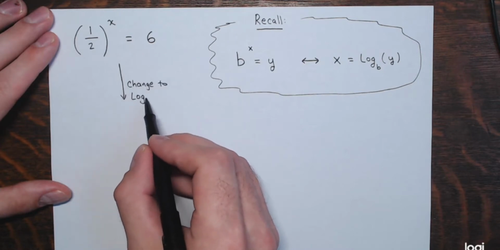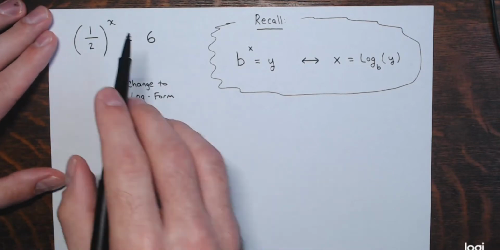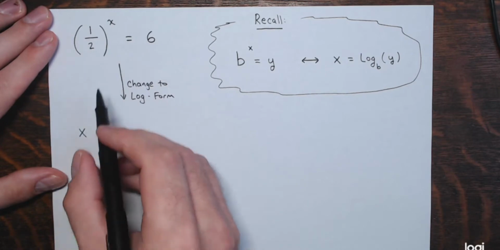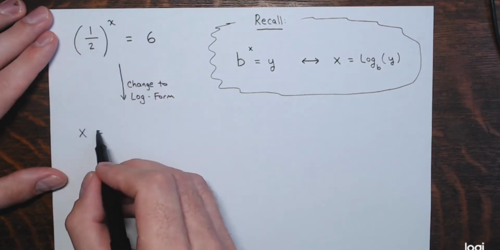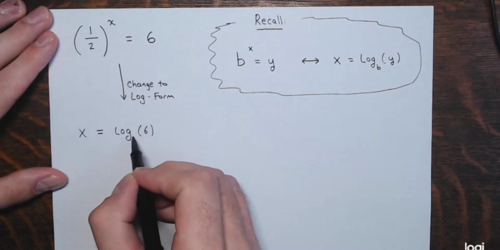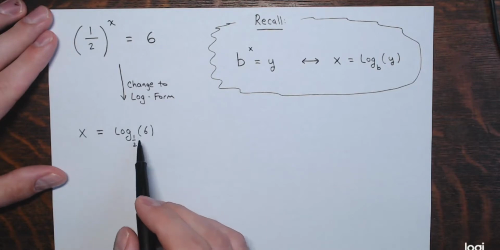I'll just say log form. So if 1/2 to the x is equal to 6, that means that x, the exponent, is equal to the log of 6 with a base of 1/2. Log base 1/2 of 6.